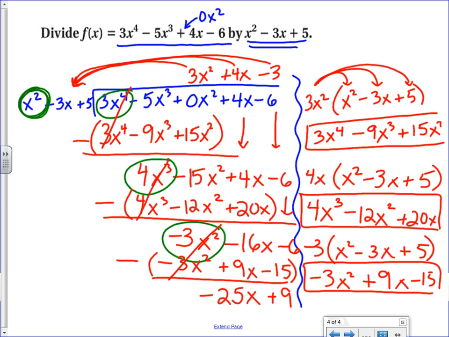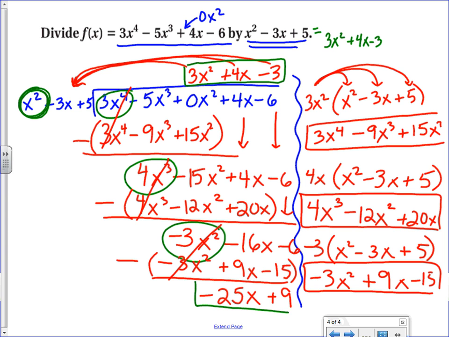All we have to do is write our final answer. I don't have much room, but I'm still going to put it up here in the upper corner. The answer is the polynomial that you have written at the top of your box, 3x squared plus 4x minus 3. And then our remainder we write as a fraction. This fraction is going to be a bit long and ugly, but it's correct.